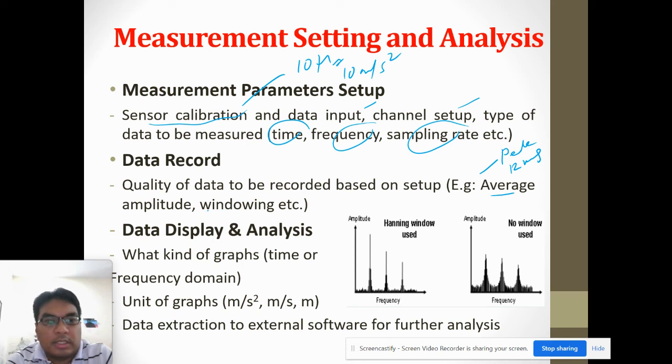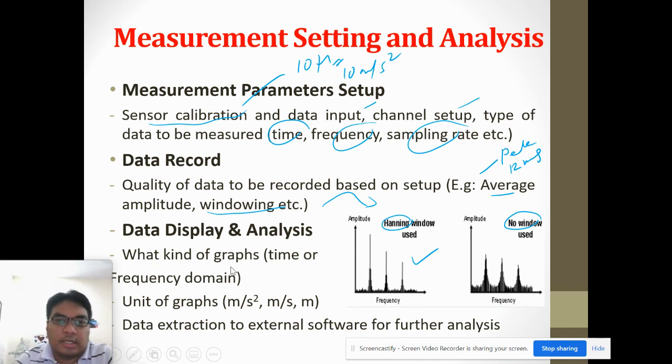And also the filtering type, windowing. You can see here, when we apply the Hanning window, the data is cleaner compared to no window used. This is some kind of filtering. If you can get this data, it is better. Finally, the data display and analysis: what kind of graph, in terms of time or frequency domain.